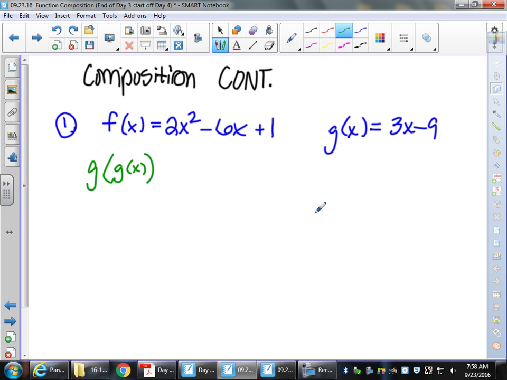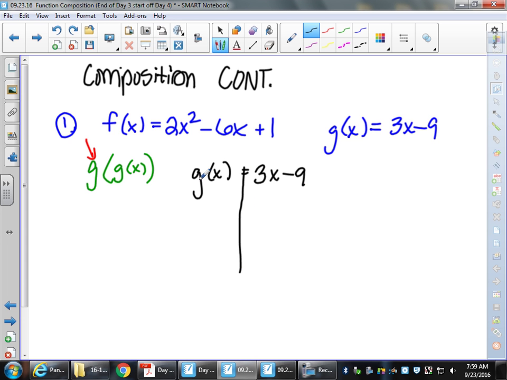Can we do this? How would I read that out loud? Why not? What's my starting function? G, so let's do that. So my starting function is g of x. What's my input?